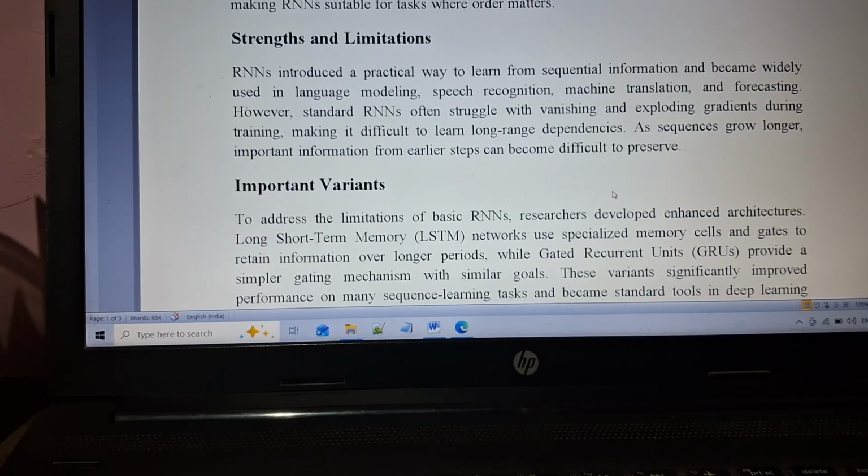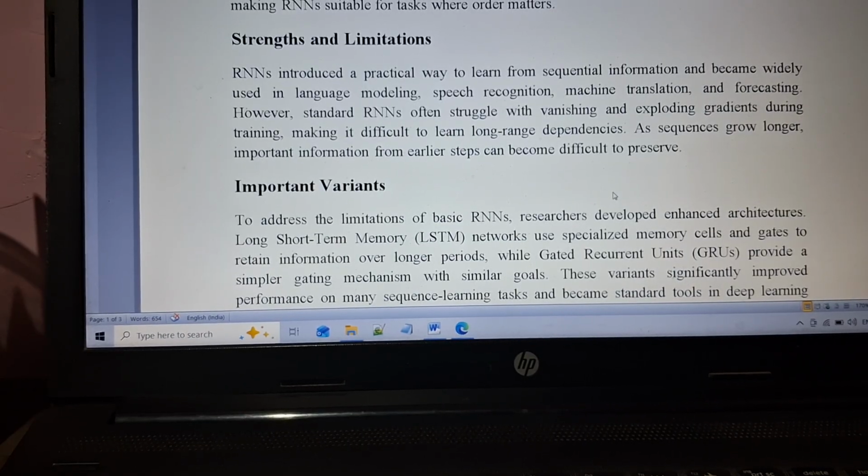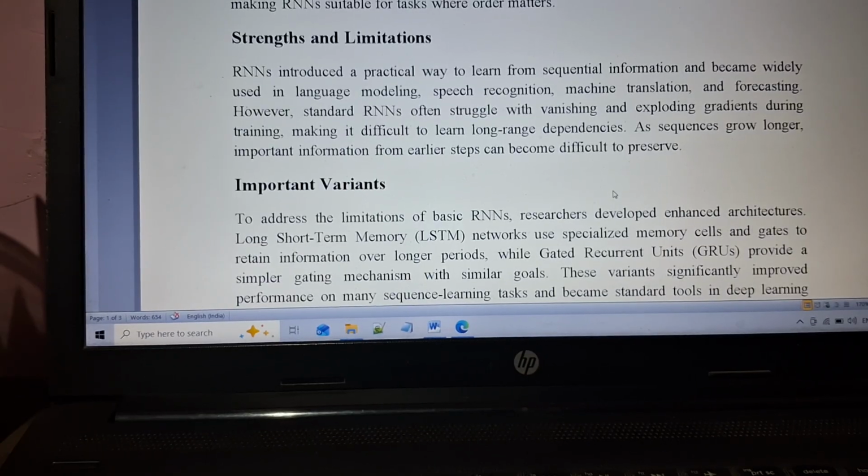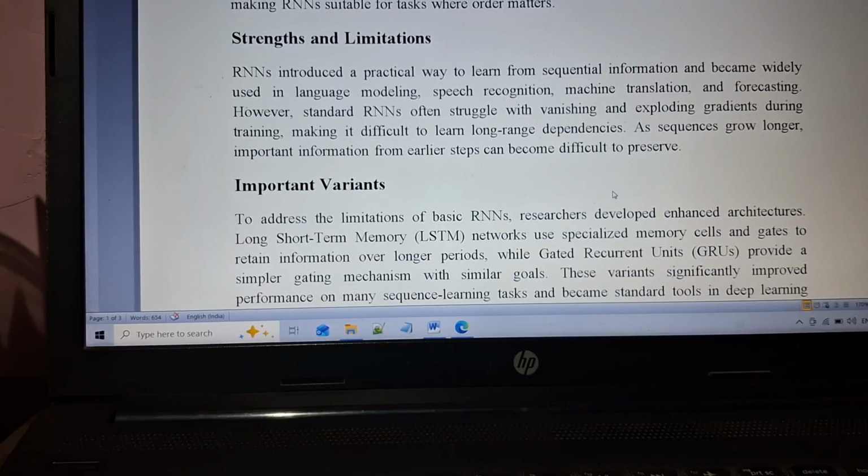Weather forecasting, prediction that can give a prediction on the basis of the sequential data. However, a standard recurrent neural network often struggles with vanishing and exploding gradients during training, making it difficult to learn long range dependency. As sequences grow longer, important information from earlier steps can become difficult to preserve.